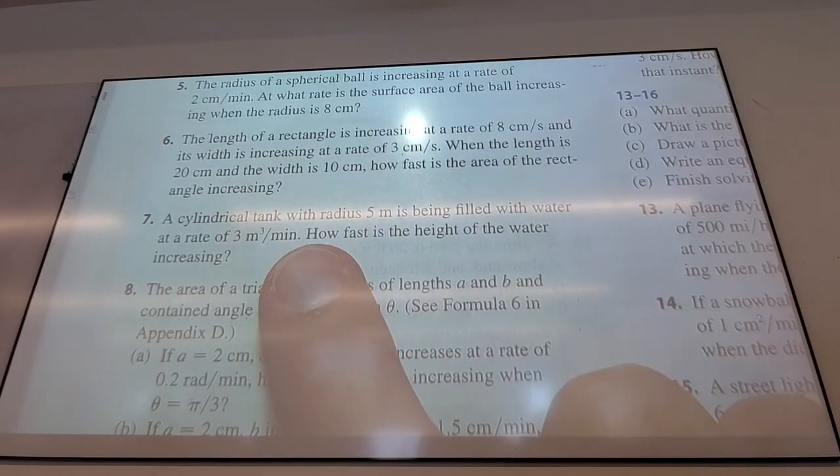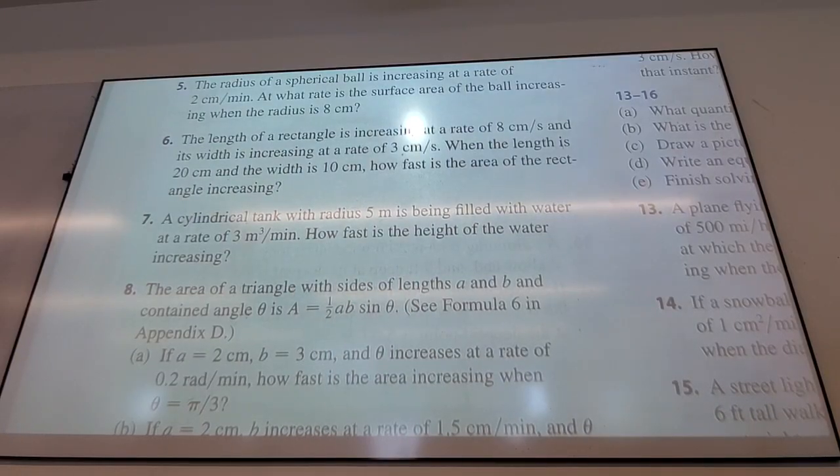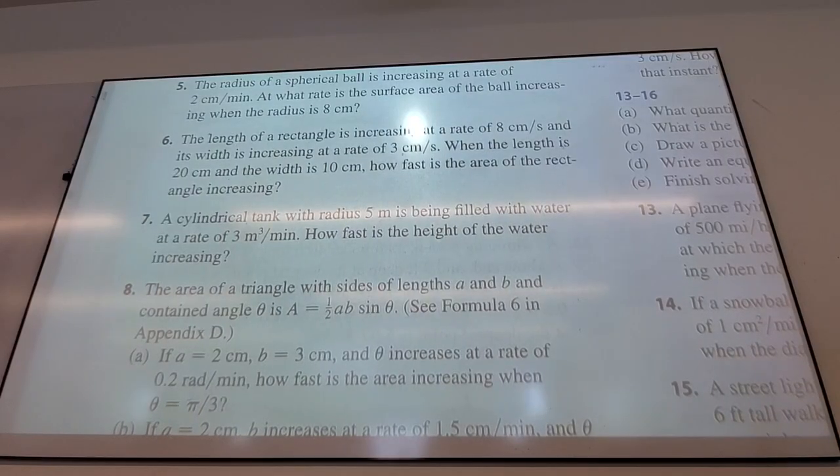You guys with me on this? What geometric formula are you going to need that you might not know? Yeah, the volume of a cylinder. Does anyone happen to know it? Yes.